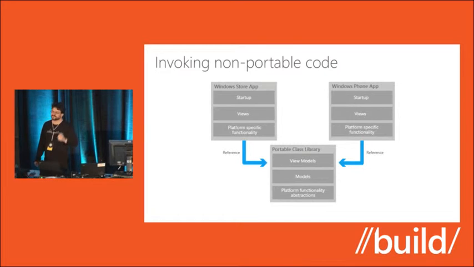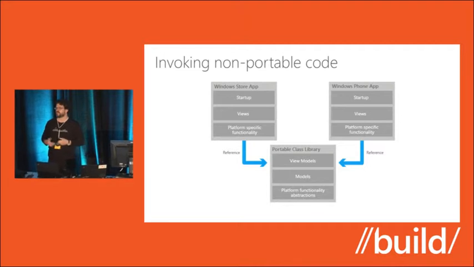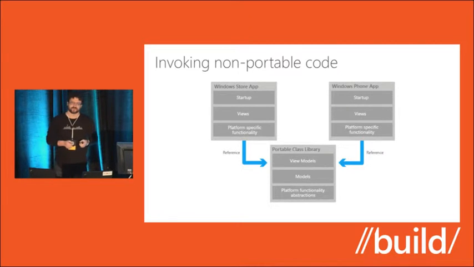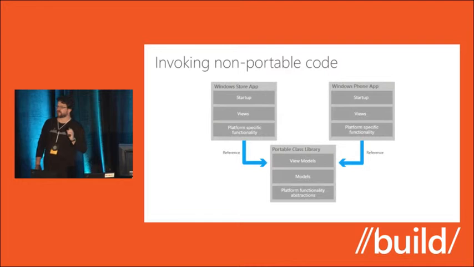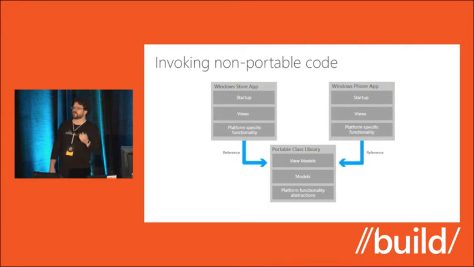So what to do? Well, we have a portable class library. We were filling it with sample data. How do we now, in that view model that we showed, start to consume platform-specific functionality? Going back to the diagram that I showed earlier, here's what we're going to do. Inside the portable class library, we're going to define an abstraction for this functionality.